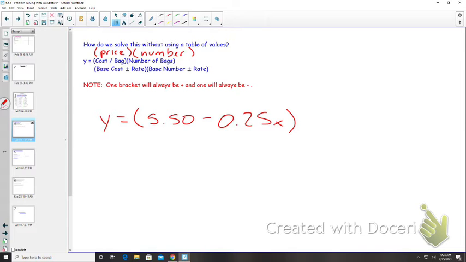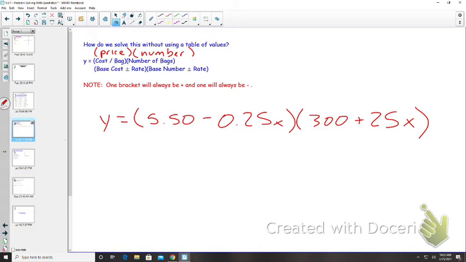This was our price bracket, and next is our number bracket. What was our base number? Looking at our chart, 300. And how was the rate of our base number changing? Up 25. So plus 25x. x is just however many times you're changing it. That's the general pattern.